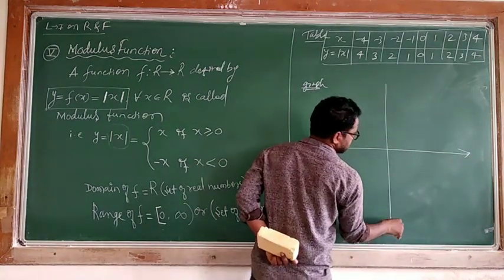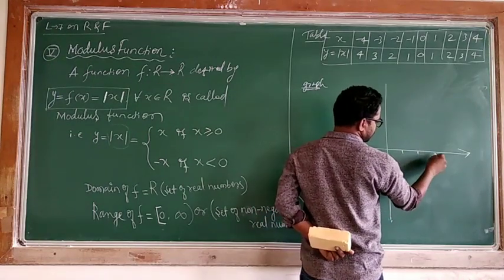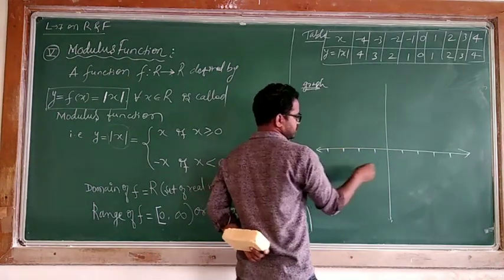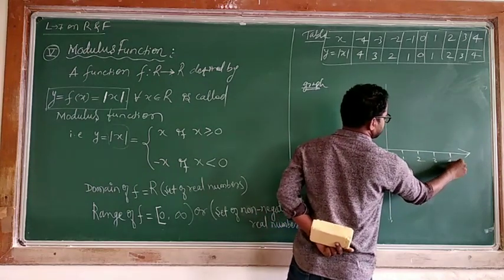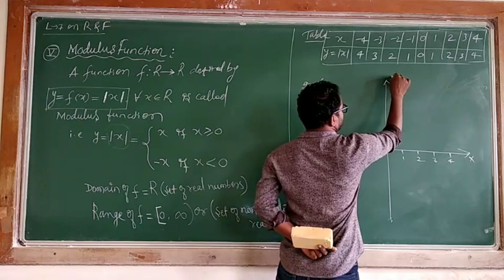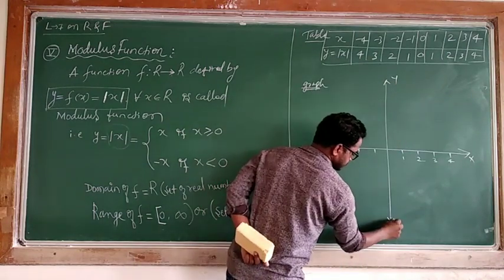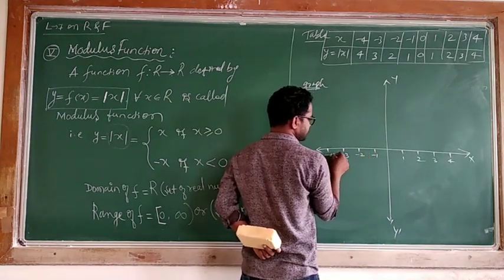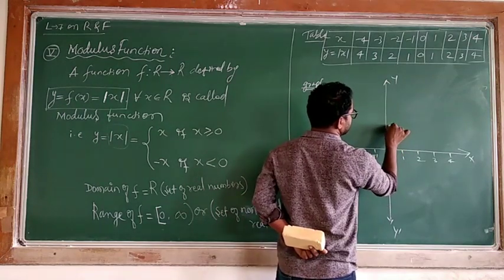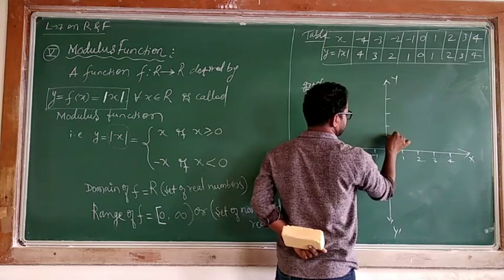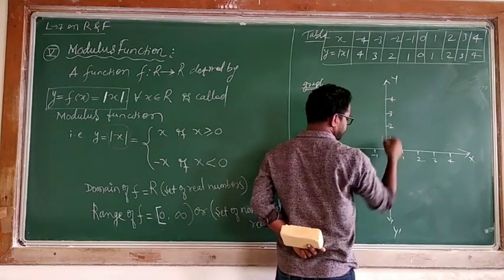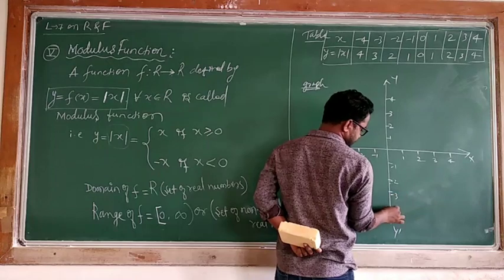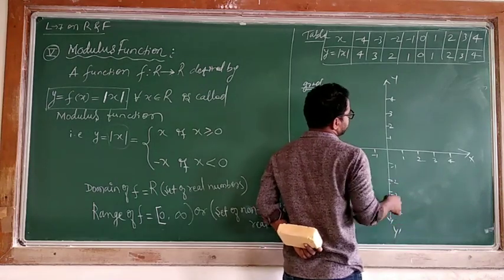Simply I am drawing 1, 2, 3, 4 on each axis, X, Y, X dash, Y dash, and minus 1, minus 2, minus 3, minus 4. Actually this is not necessary, because you will get only positive values.